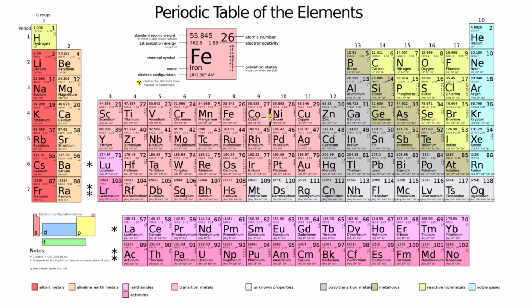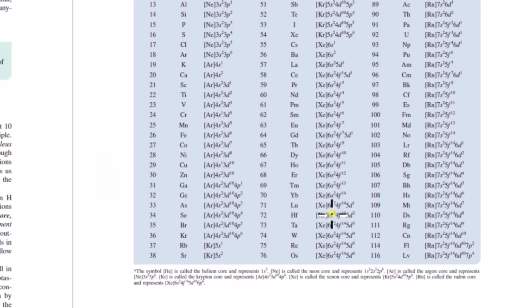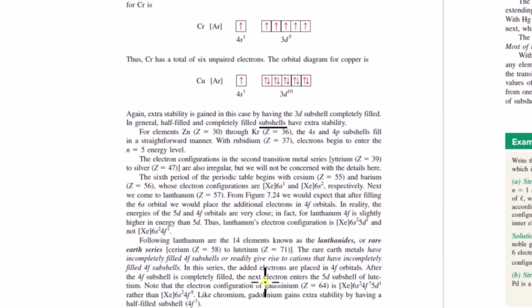Let's check out lutetium, 71. No, this has a completely filled 4f orbital, but I guess it would give rise to cations that have incompletely filled 4f orbitals. But I think you get the idea. After the 4f subshell is completely filled, the next electron enters the 5d subshell of lutetium.